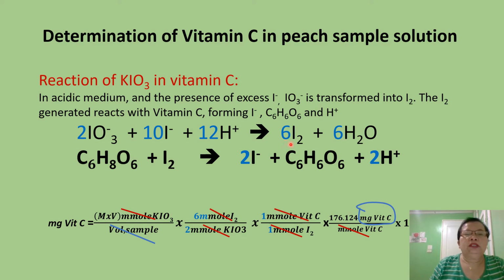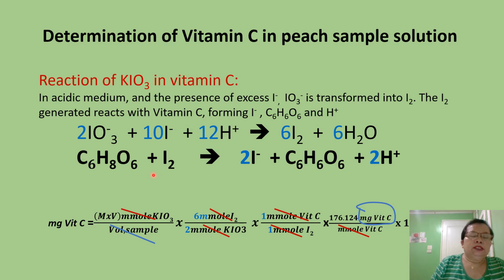Now, since this iodine substance is mixed with this vitamin C in our sample solution, then vitamin C readily reacts with this generated iodine. And this equation here represents the reaction of vitamin C with the iodine generated from the reaction of potassium iodate and iodide ion in the presence of an acid.